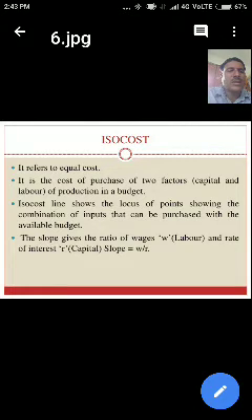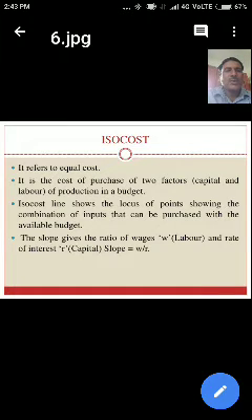The prices of the factors, here labor and capital, are represented by the isocost line. The concept of the isocost line in production is similar to the concept of the budget line in the indifference curve analysis.